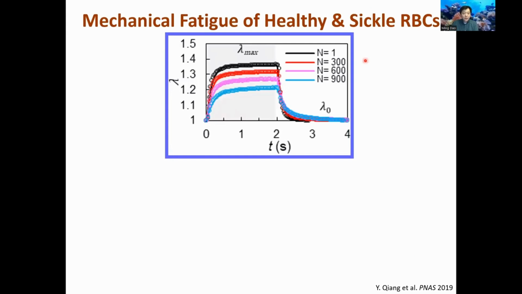So these are some results showing the stretch relaxation curve. So under the stretch, it will stretch to a certain level under different forces. You can see after 900 cycles, the maximum stretch will decrease. And this is the relaxation part when you release the load. And then this part, you can actually extract the viscosity of the cell.